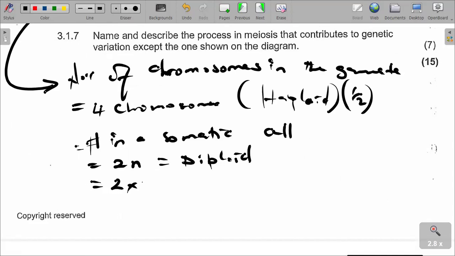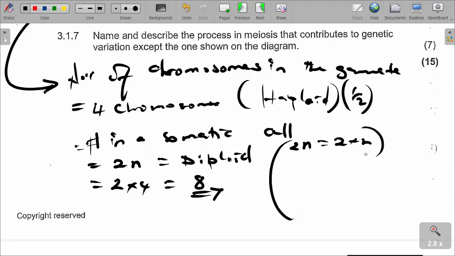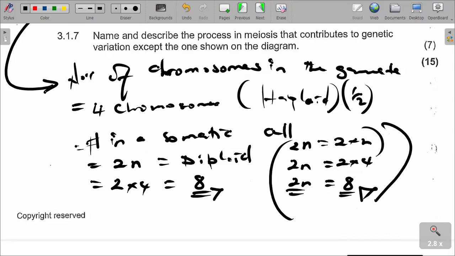So it is 2 times 4, which is equal to 8. It is just simple mathematics: 2n equals 2 times n, so 2n equals 2 times 4, and 2n equals 8. That is how this whole thing comes about.